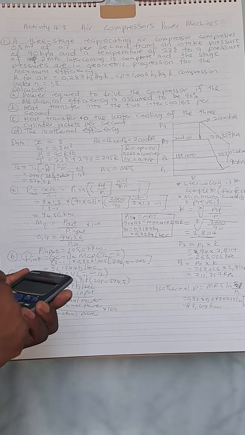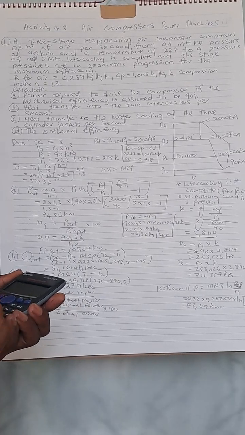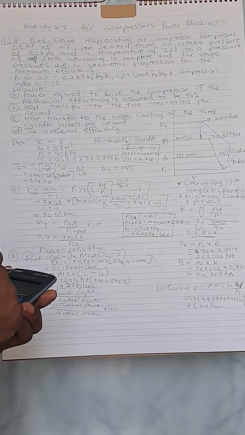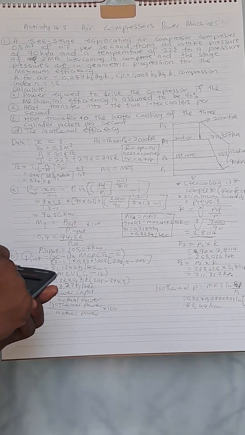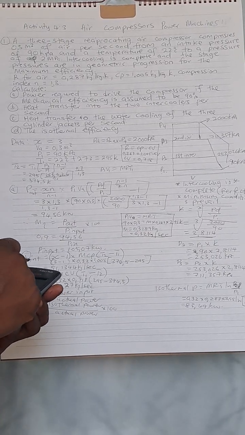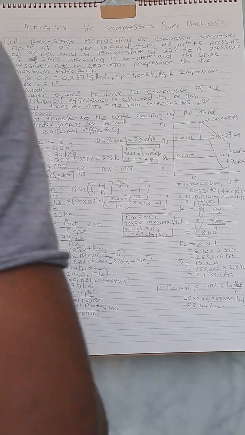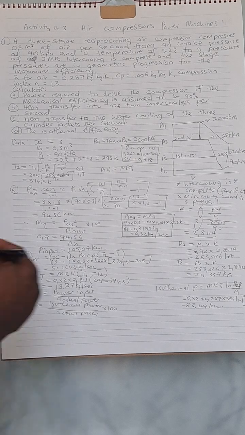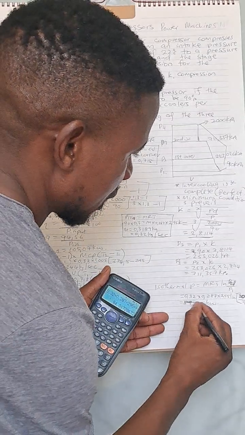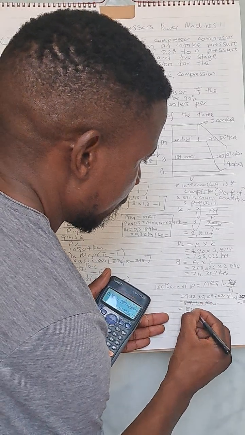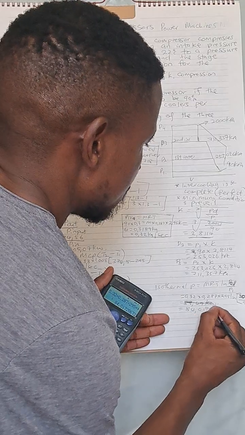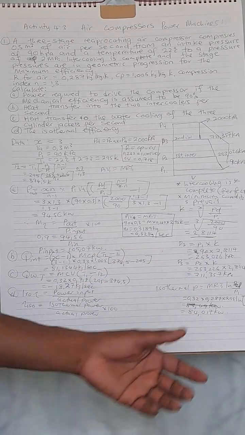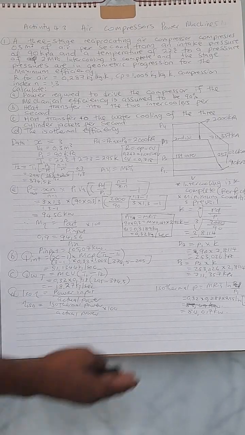So 2000 divided by 90, I'm getting 84.01. So I'm getting my answer as 84.017 kilowatts. So we have our isothermal power.